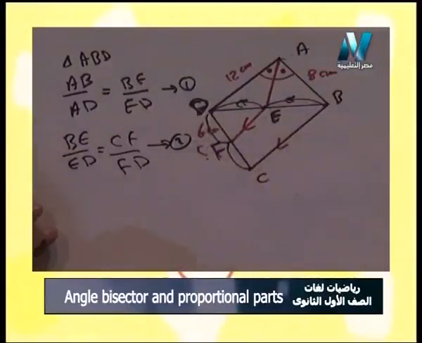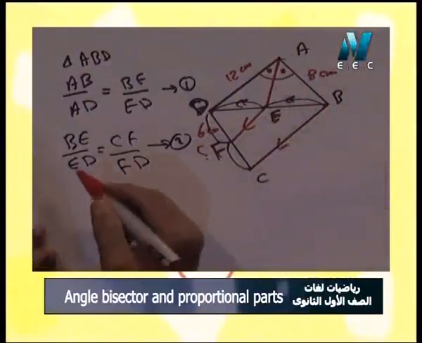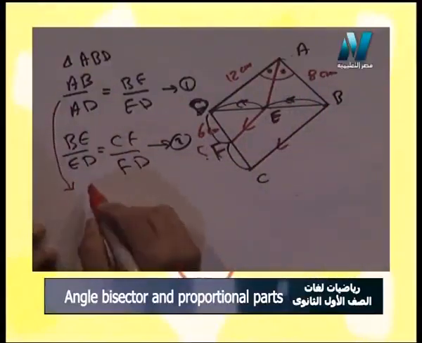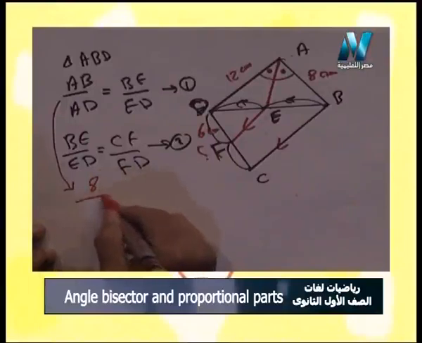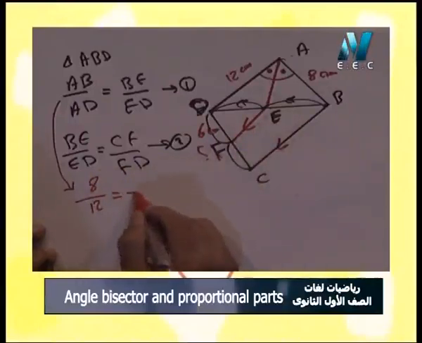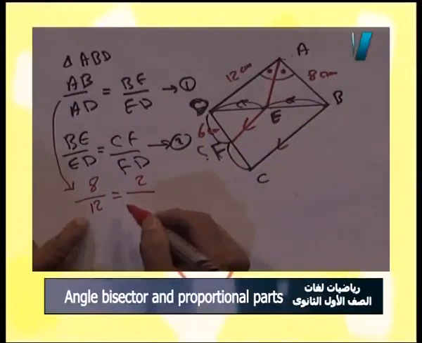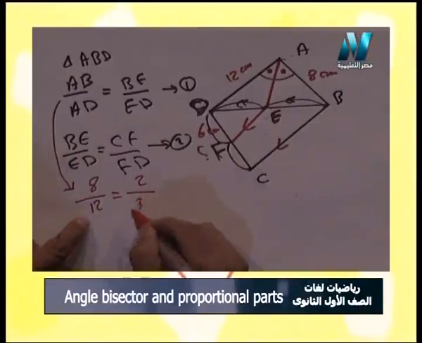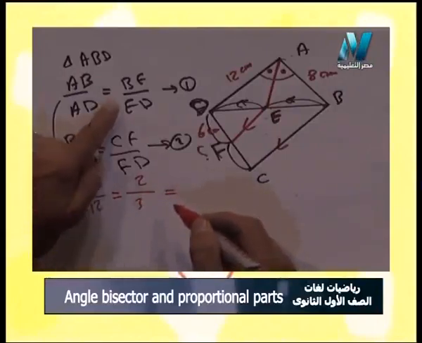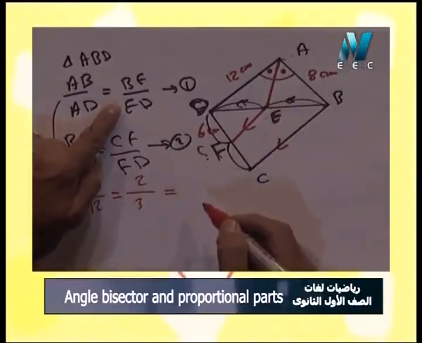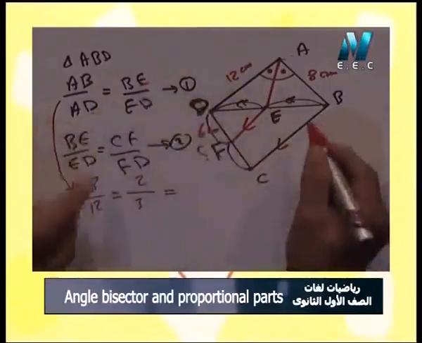Okay, let's substitute here. We have AB equals 8 and AD equals 12. Let's simplify it first. 8 divided by 4 equals 2, and 12 divided by 4 equals 3, and that equals BE over ED.